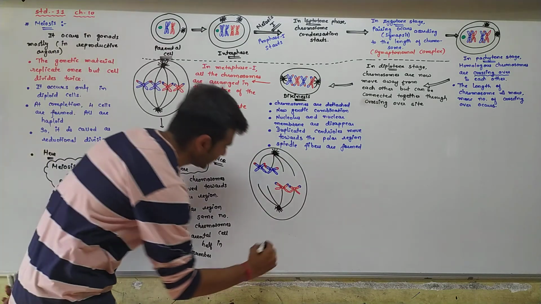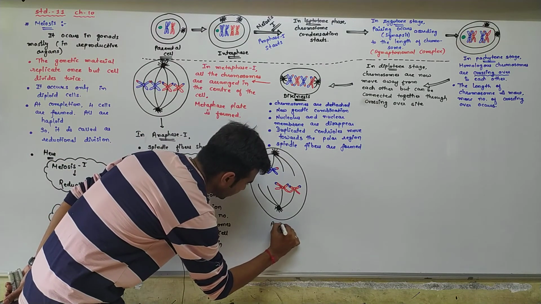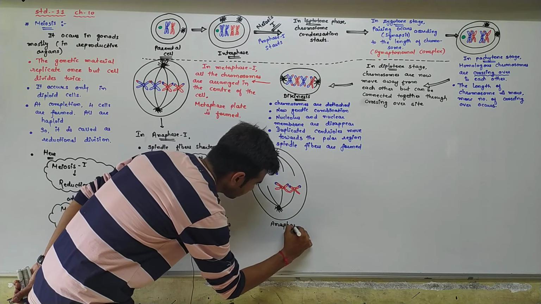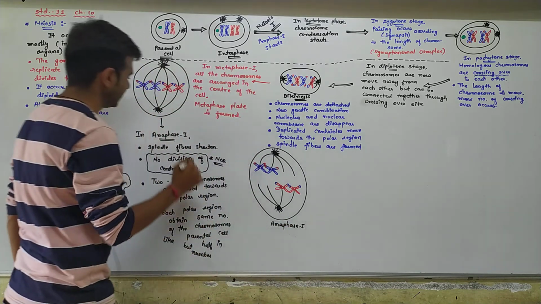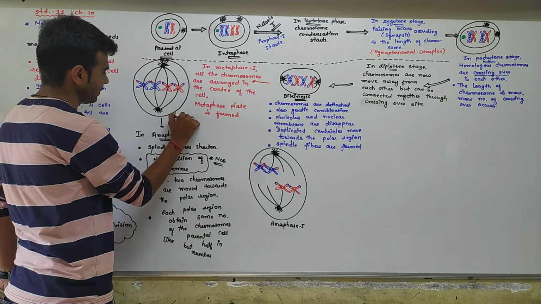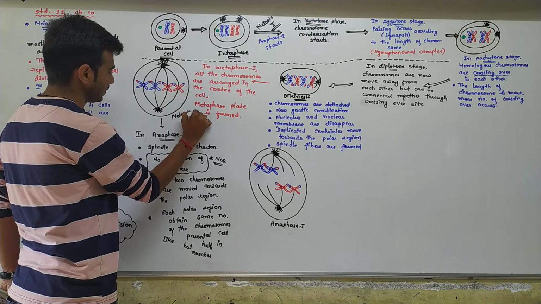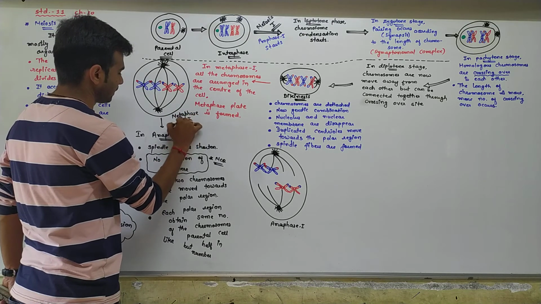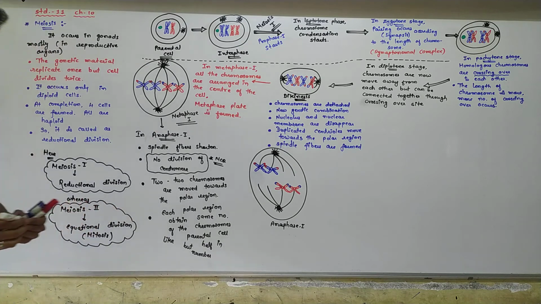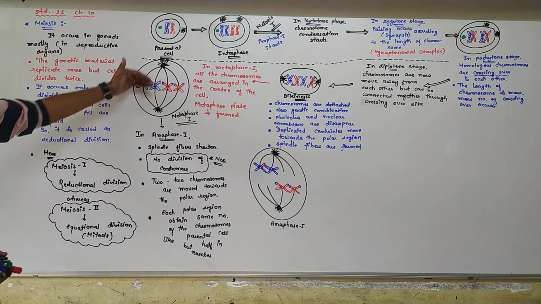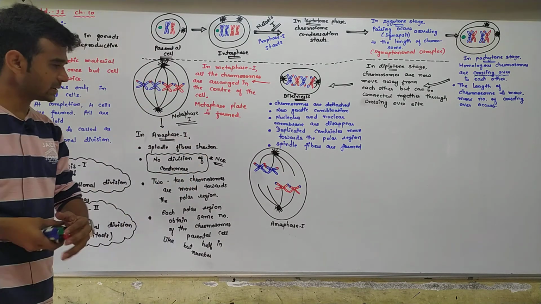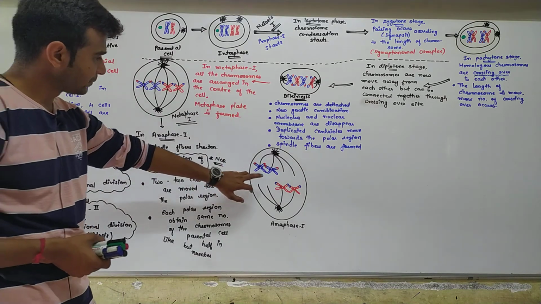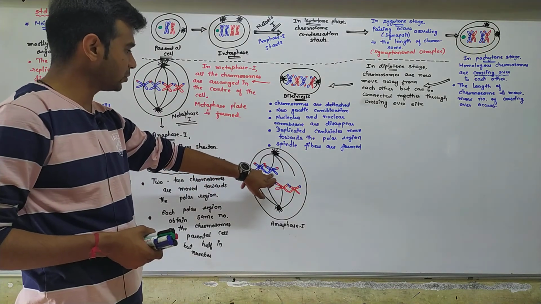Okay, so this is the anaphase 1 and this is the metaphase 1. So here two chromosomes are moved towards this polar region, but here the number of chromosomes is the same.